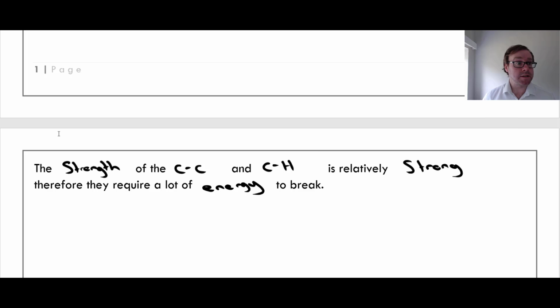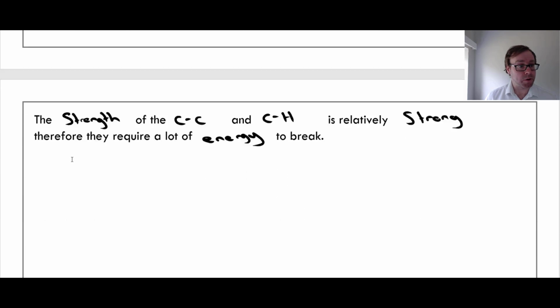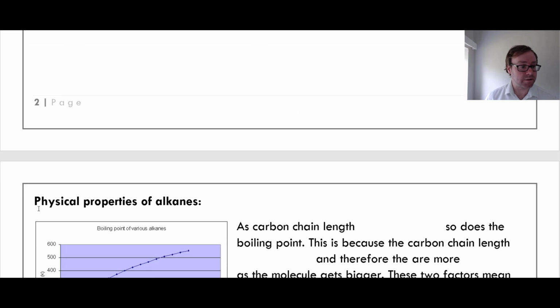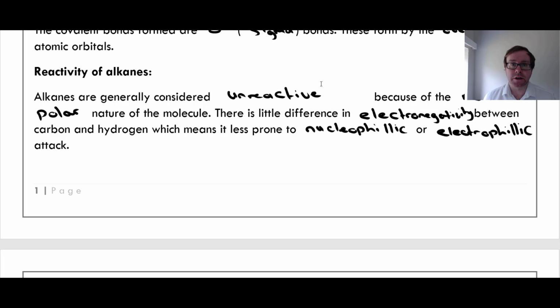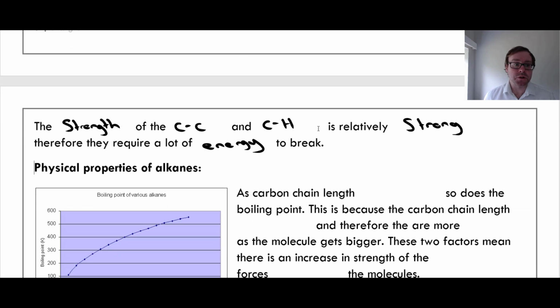So these two reasons here: because there are no real polar bonds and there is little difference in electronegativity between the carbon and hydrogen, we say it's a non-polar molecule. It's not prone to nucleophilic or electrophilic attack, and also because of the strength of the carbon-carbon and carbon-hydrogen bonds, it takes a lot of energy to break them up, so they're generally considered unreactive.